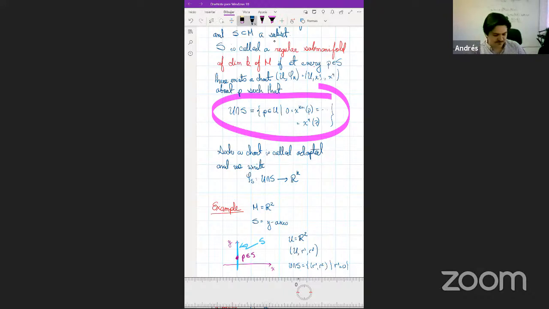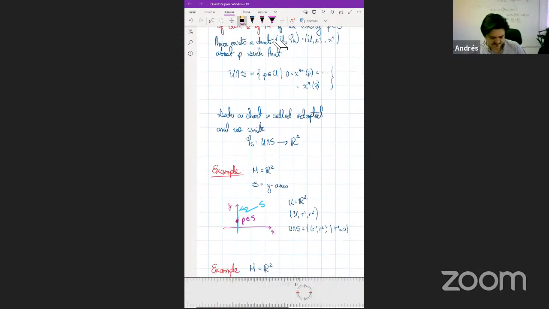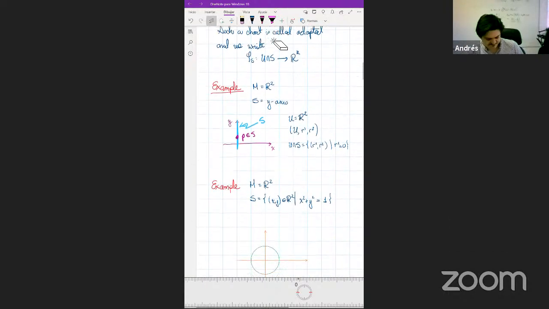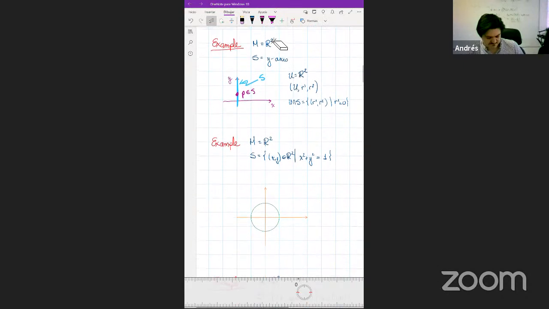Okay, let's do another example here. Again, I would like to have R2. And now my subset is going to be the unit circle, centered at the origin. So it is right here.